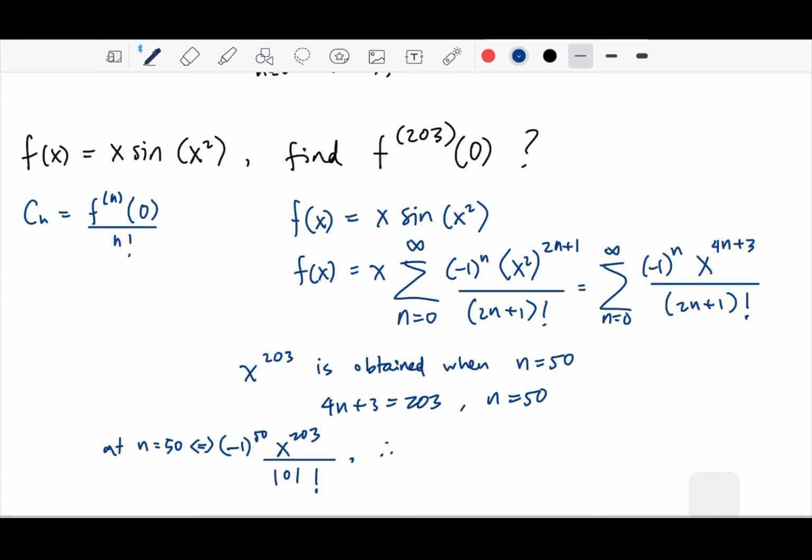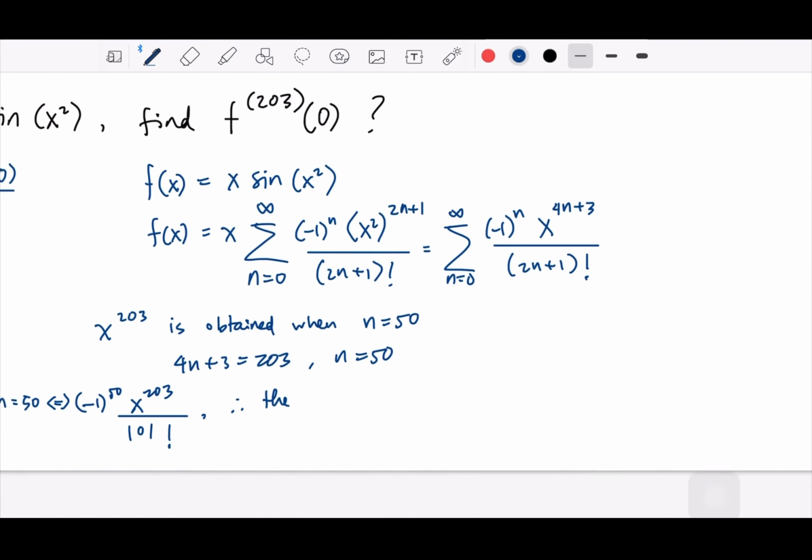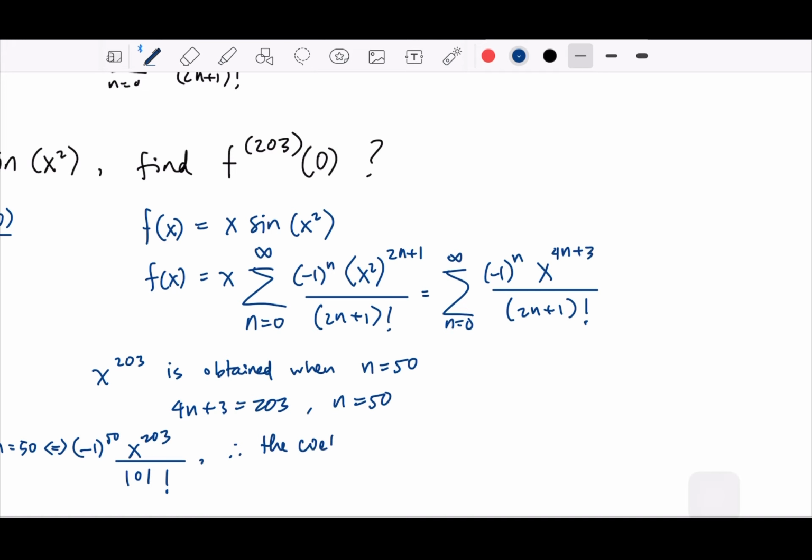So the coefficient, let me write here, the coefficient Cn is equal to 1 over 101 factorial.